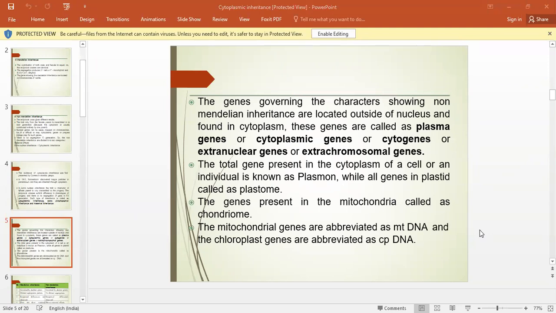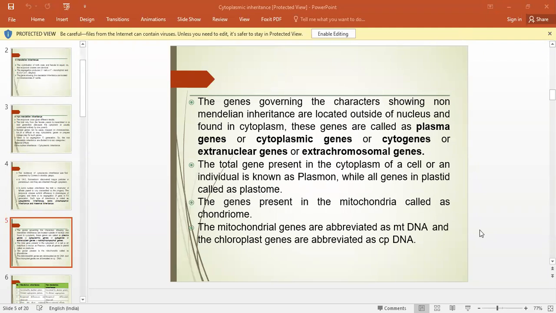Plastid means chloroplast. The DNA present in the chloroplast or plastid is known as plastome. Plastids have two types, leucoplast and chloroplast. Leucoplast is white in color and chloroplast is green.